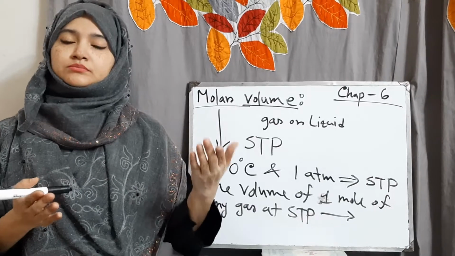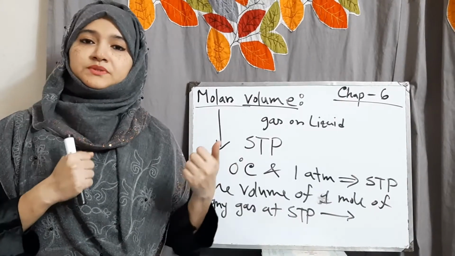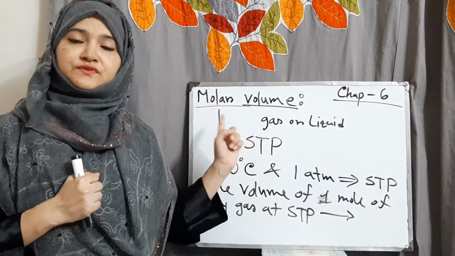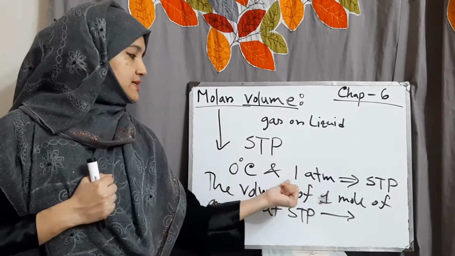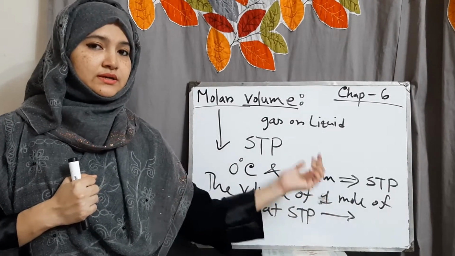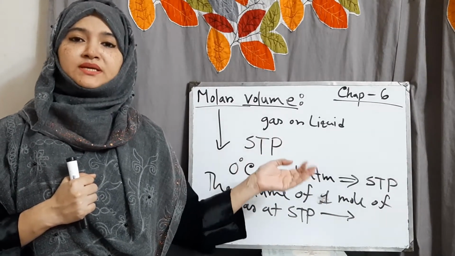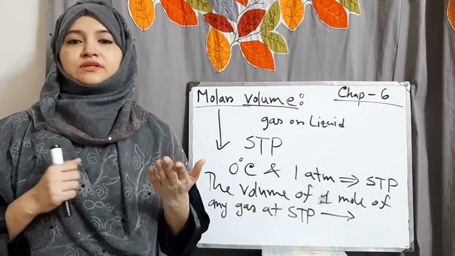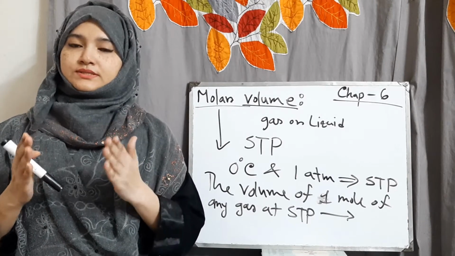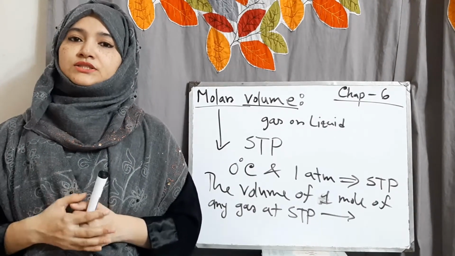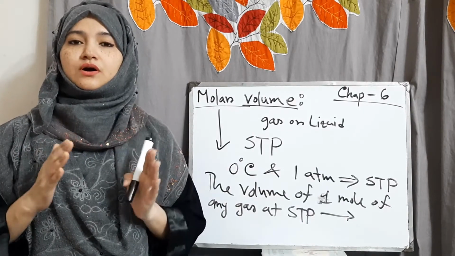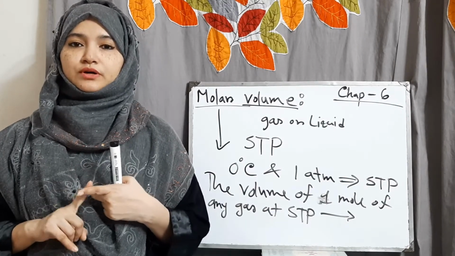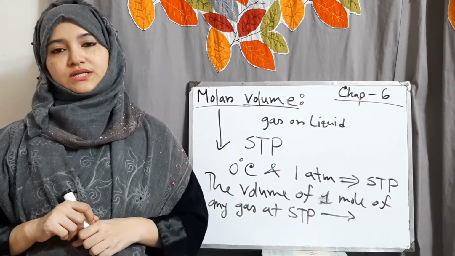So if we keep the temperature and pressure fixed, at 0 degrees Celsius and 1 atm pressure, then if we measure the volume of 1 mole of any gas, the volume will be considered as molar volume. For all gases at standard condition, that means at STP, the molar volume is 22.4 liter.